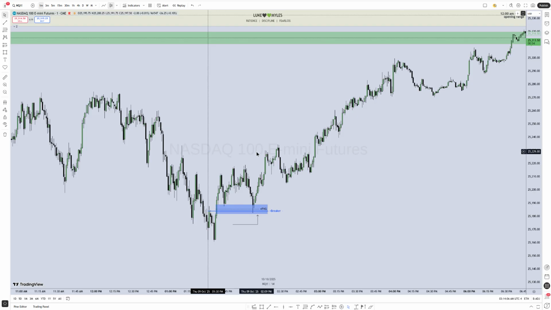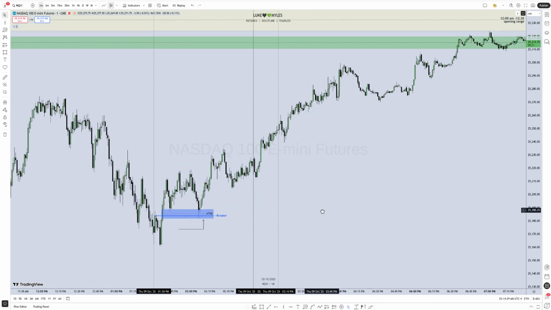Now going into, so this macro sponsors a move that takes out a high, and then going into closure of the 2 p.m. candle, you're going to have the 2:50 to 3:10 macro, and the 2:50 to 3:10 you have an expansion macro. So this was a manipulation macro.